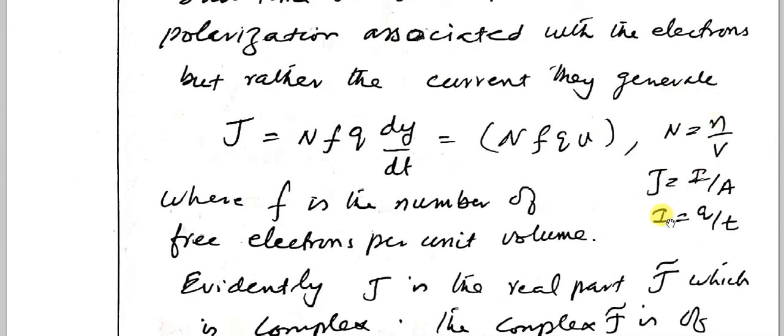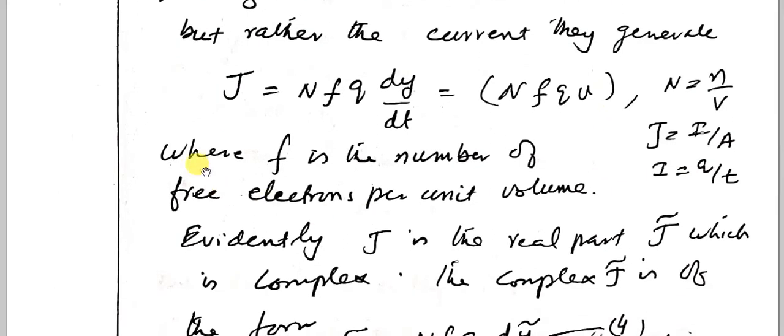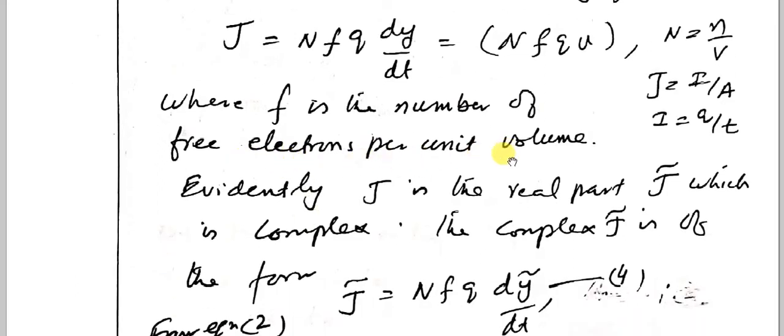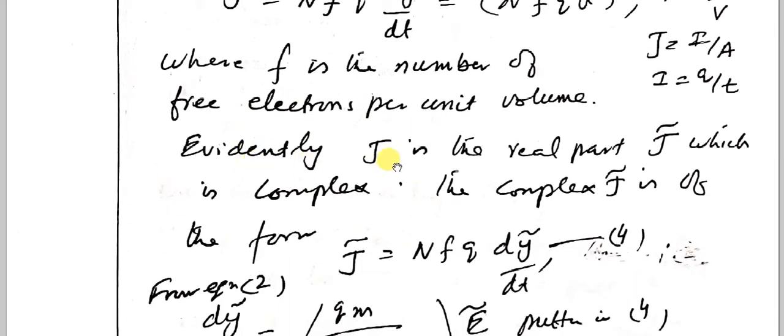J is the real part, while J with the tilde sign is the complex one.